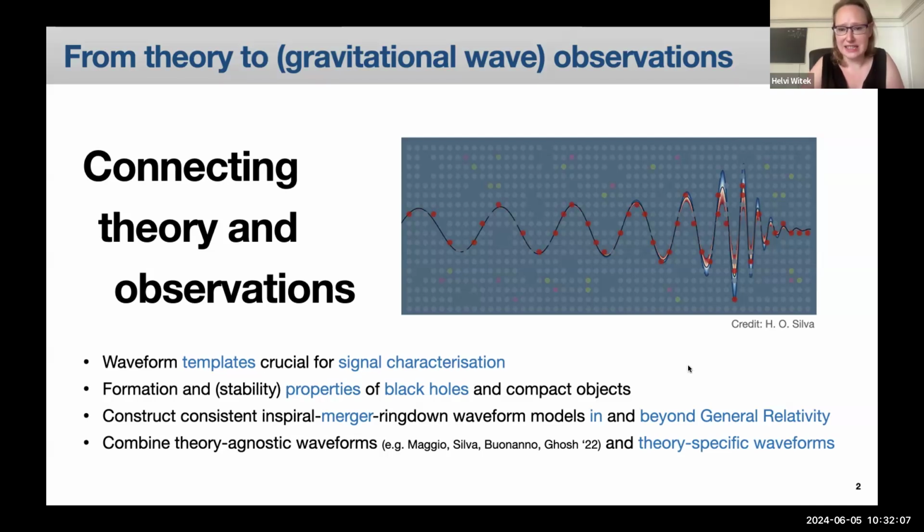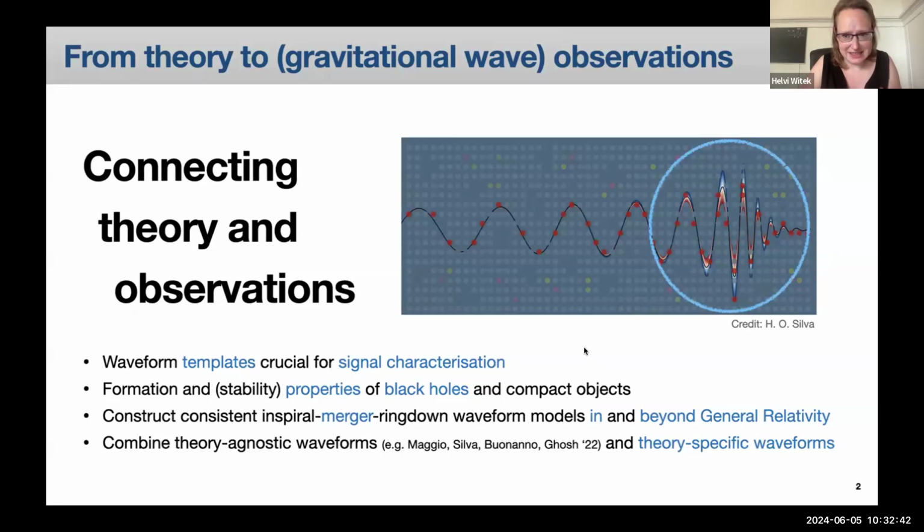So if I look at this example here, which is actually an image from Hector Okada da Silva for a late in-spiral, merger and ring-down, what you see here in highlighted colors are a few ways how a waveform may differ in extensions of the standard model. So typically what we find is that there's either a change in amplitude or in frequency that we can then model. And as I said, for today, I want to focus on the merger part.